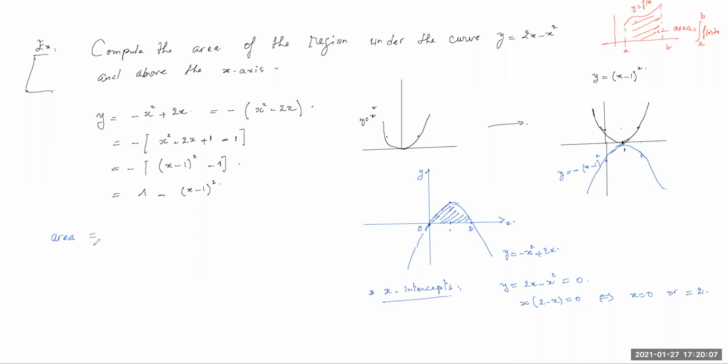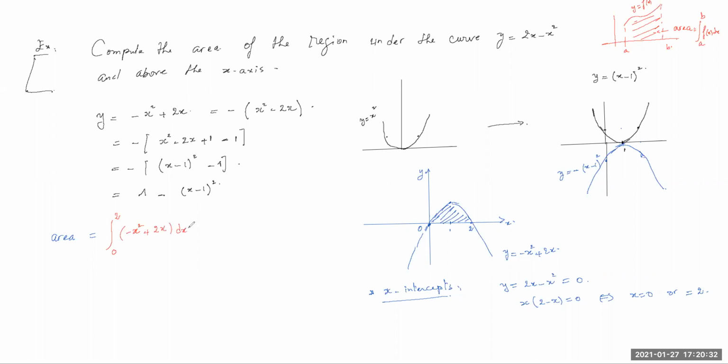Yes, the endpoints are 0 and 2. So it's from 0 up to 2. What is my function? Negative x squared plus 2x. Exactly, this is my function.